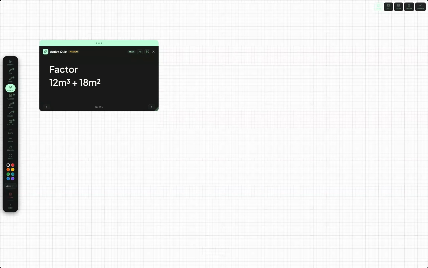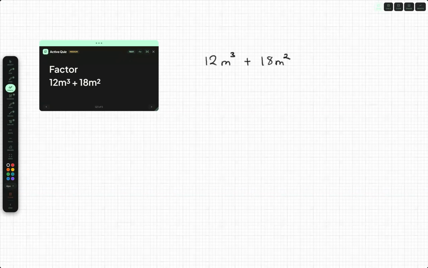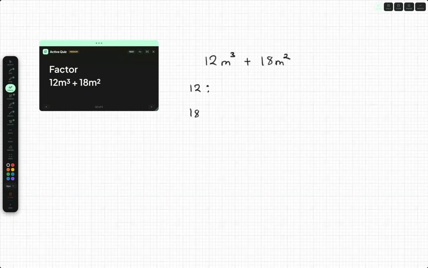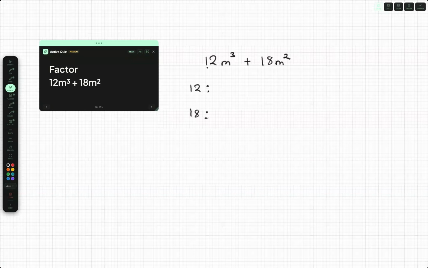Alright, next one, we have 12m to the power of 3 plus 18m to the power of 2. Okay, so we can list both of our coefficients and find the highest common factor that they have in common.